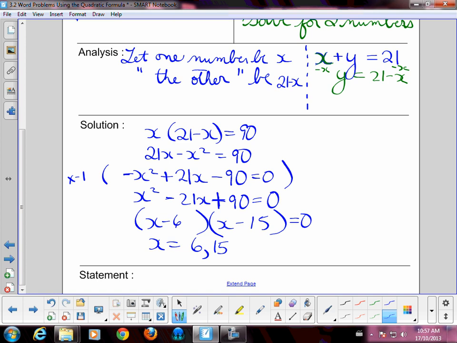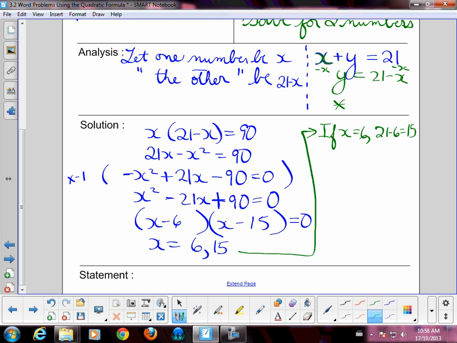Then I'm not finished; that is just my x value. I have to continue over here, and using the relationship from above, I can figure out what my y, or in other words, my other number is. If x equals 6, then 21 minus 6 equals 15.